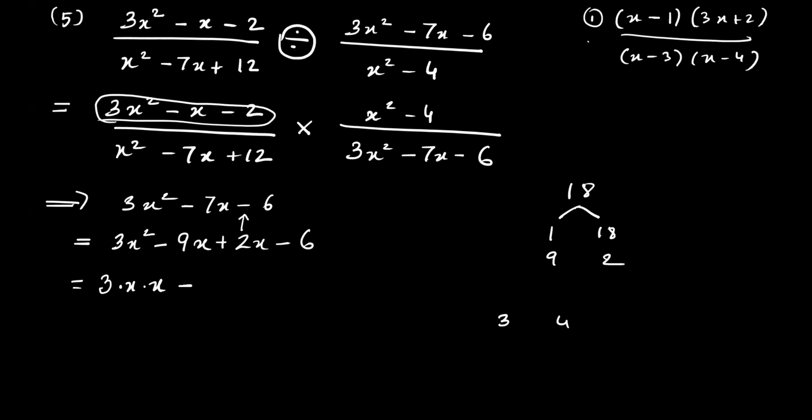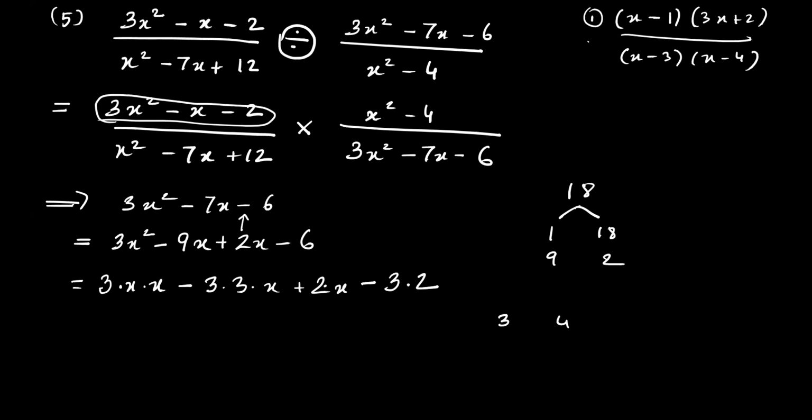So 3 into what is 9? 3 threes are 9, I'm writing 3 into 3. Understood now why I wrote 3? So I can take 3 common, into x plus 2 into x minus 6 में 2 के table में कैसे लिखूं? Because I have to take 3 common. 3 into 2 is 6.